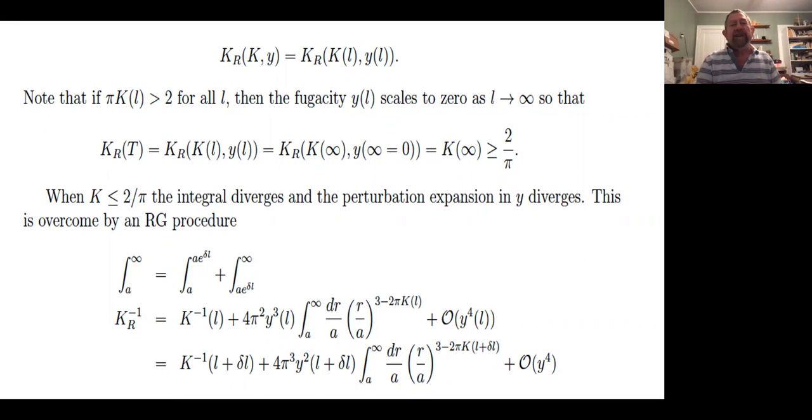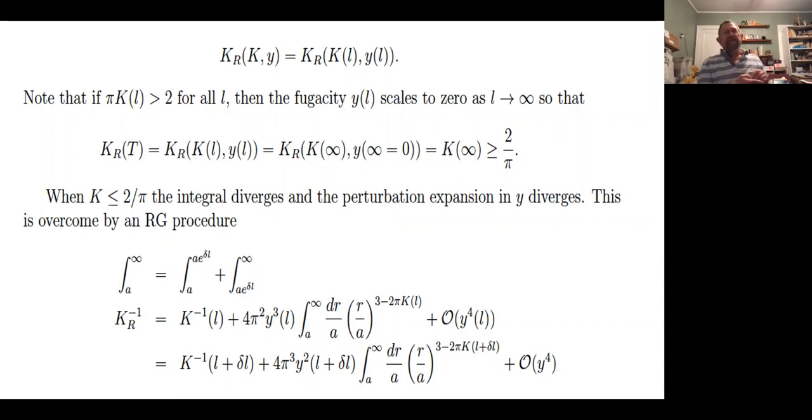But this correlation function at 0 fugacity, meaning no vortices, is just equal to the coupling constant at L equals infinity, which is a solution of the renormalization group equations. And if we're below TC, this K of infinity is greater than or equal to 2 over pi.